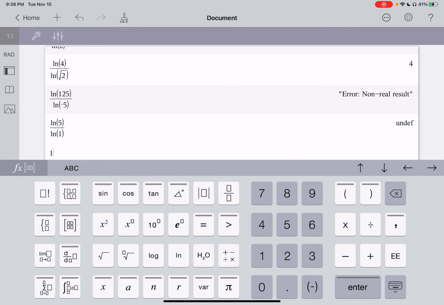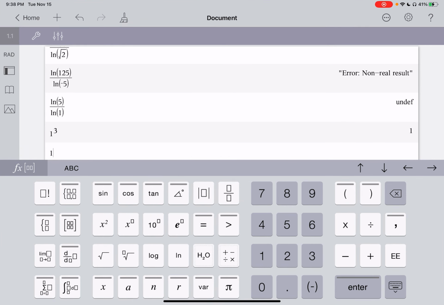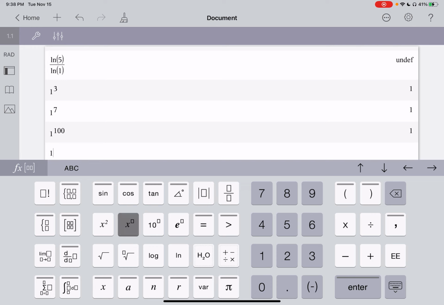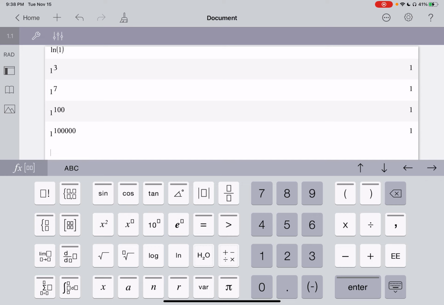Okay, 1 cubed, 1. 1 to the power of 7, 1. 1 to the power of 100, 1. 1 to the power of 10,000, 1. 1 to the power of random numbers is still 1.